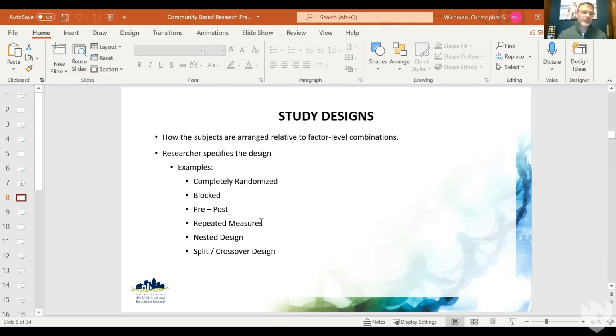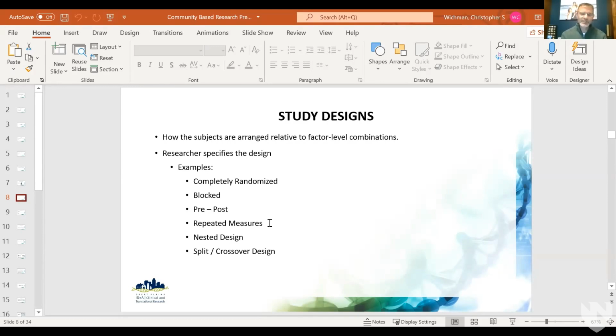Then we also have what's known as a repeated measures design, where every study unit is measured multiple times. Typically, if it's referred to as a repeated measures design, your time points are equally spaced, or at least definitively spaced, and everybody is measured within the window of the ideal spacing.